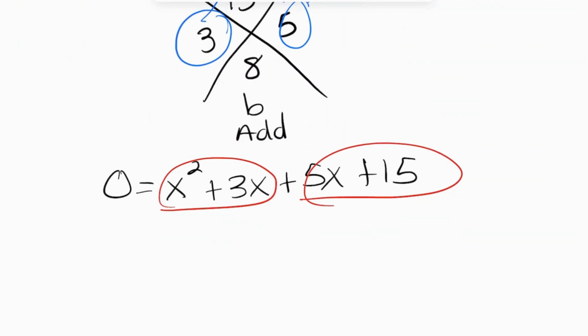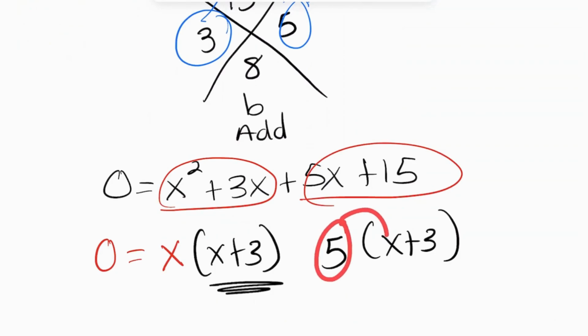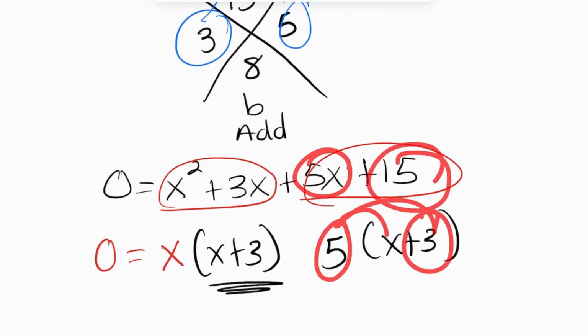As you can see, they both have an x, so I'm going to factor out an x. So 0 equals x, and we're left with x plus 3. We're going to rewrite x plus 3 on this side. What can I multiply x by to get 5x? That's going to be 5. 5 times x is 5x. 5 times 3 is 15.